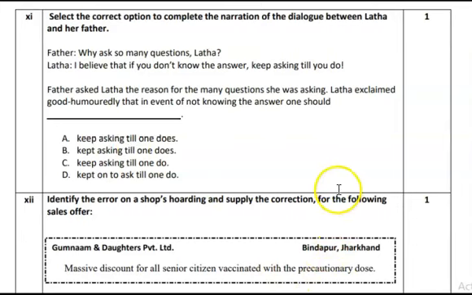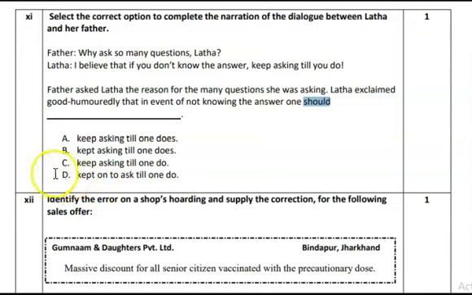Now, because you do not have to write the answer, you have to choose the option. Look at the options very carefully. First of all, the last word of this statement is should. Remember, each and every word matters here, because if you make a mistake in a single word, you are going to lose this mark. So be very, very careful. So kept and kept cannot go. So B and D cannot be your answer according to C, should.